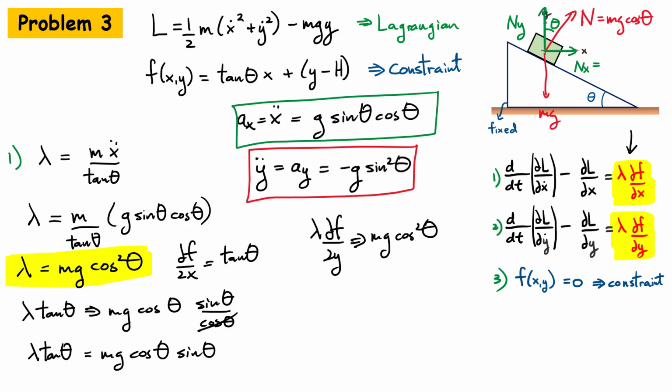So it would be N, mg cosine of theta, multiplied by sine of theta, okay? And N_y, on the other hand, would be the value of N multiplied by cosine of theta. So that's actually what this guy is. This is actually the y component of the normal force. And the other term over here is simply the x component of the normal force, right?